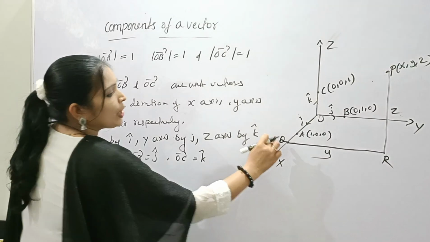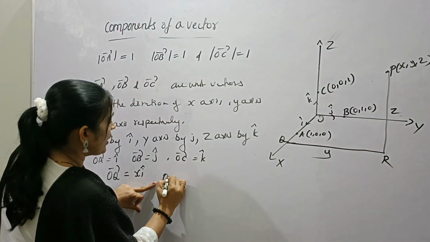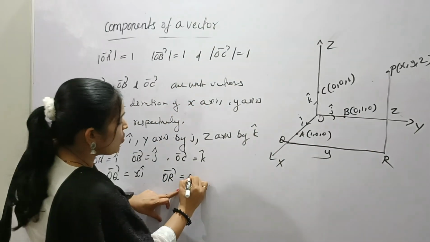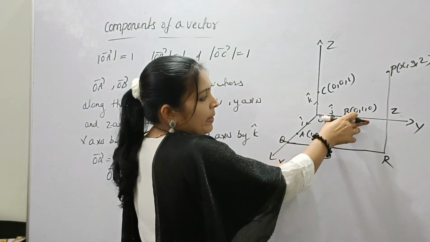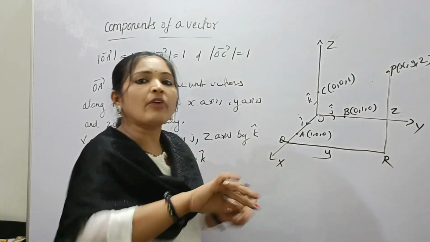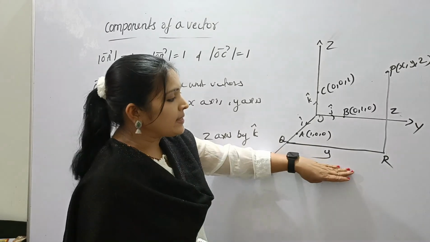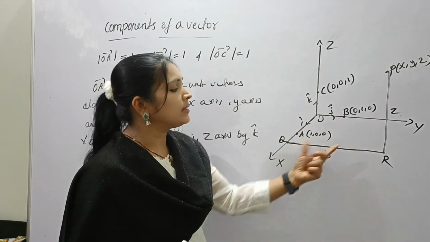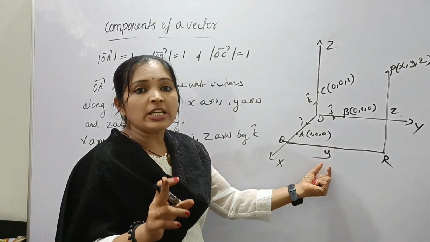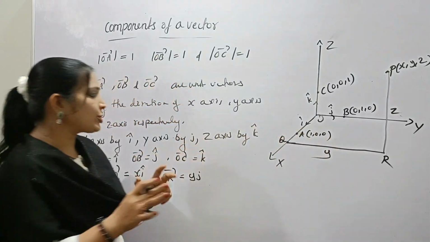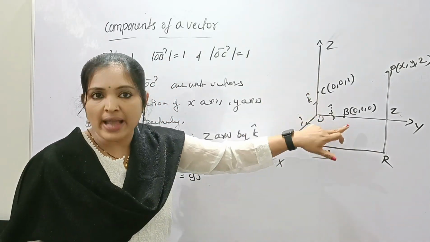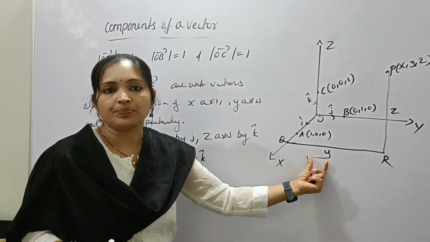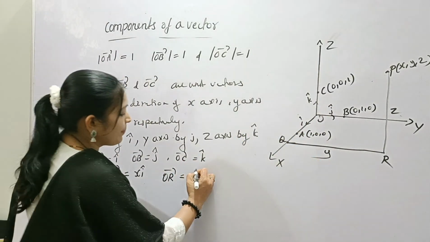And vector QR is equal to y j cap. The distance QR is y, along the y-axis, but vector QR is the product of the unit vector along the same axis and the scalar, that is y j cap.